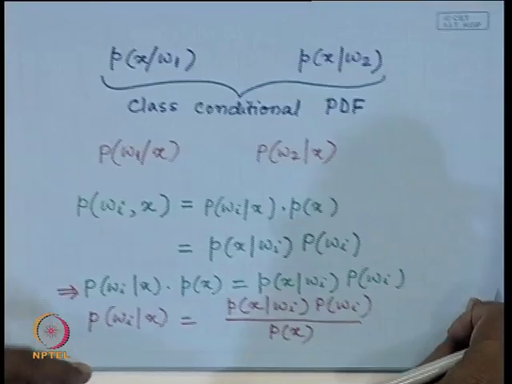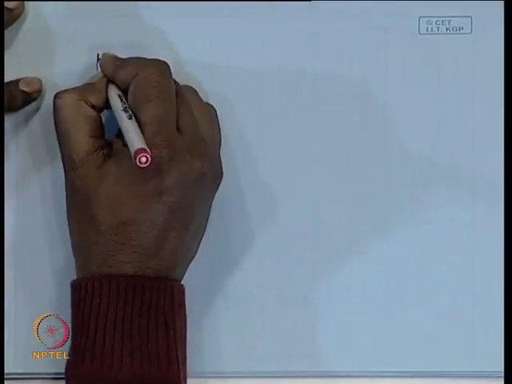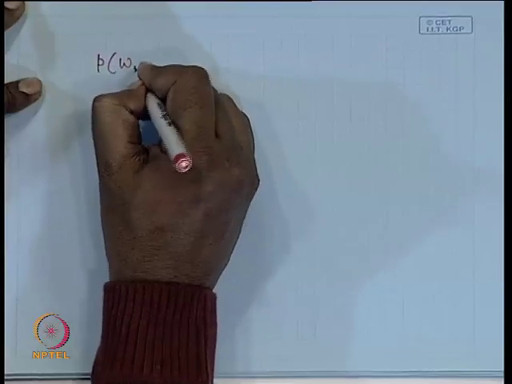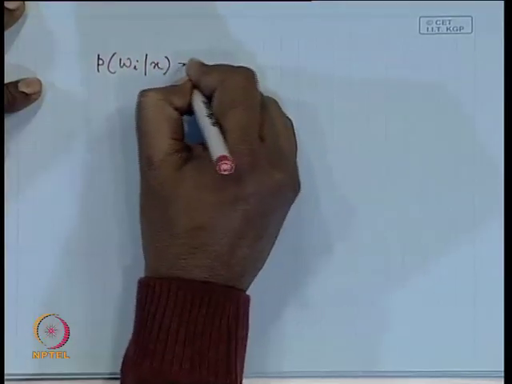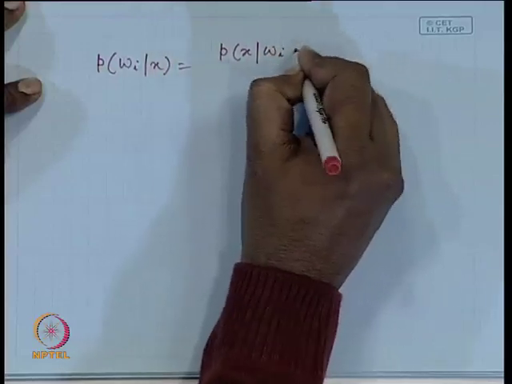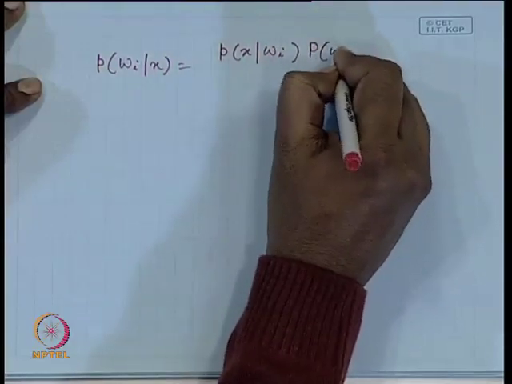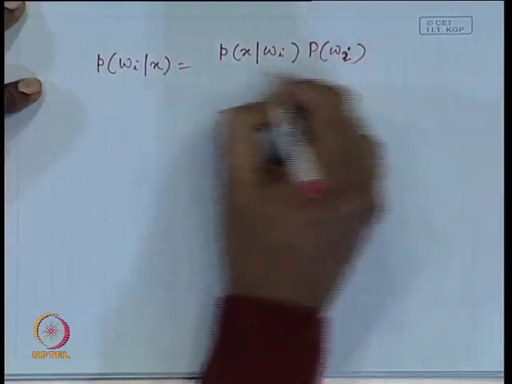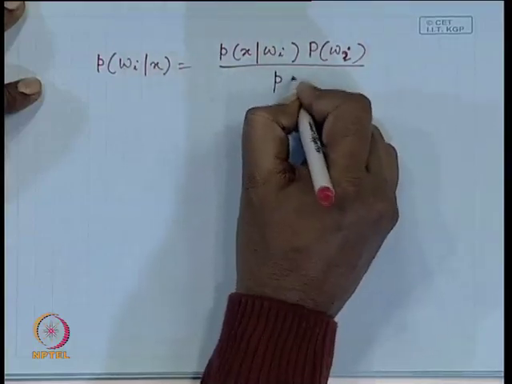So, from here I can have my decision rule. Let me repeat this expression: P of omega I given x is nothing but P of x given omega I into P of omega I upon P of x.